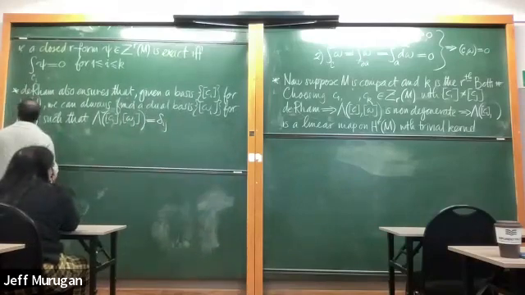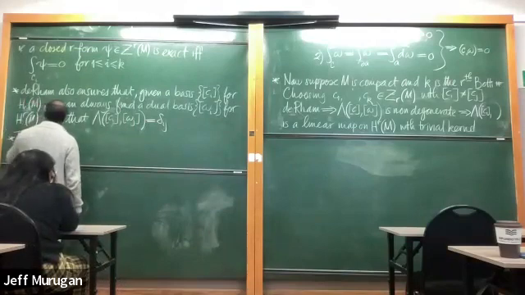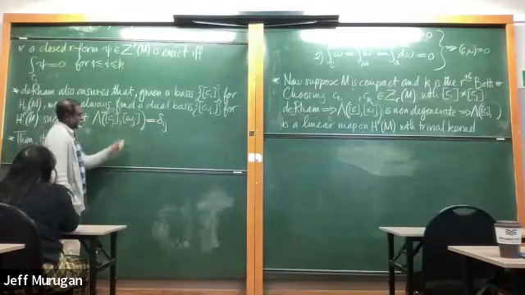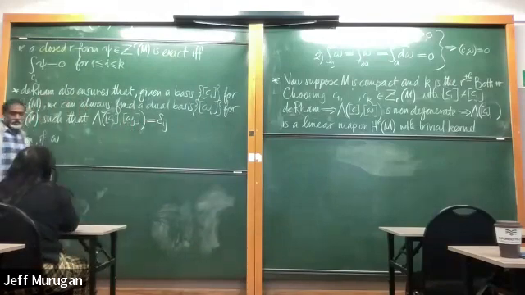So now suppose I take this basis and I take a linear combination of the basis.